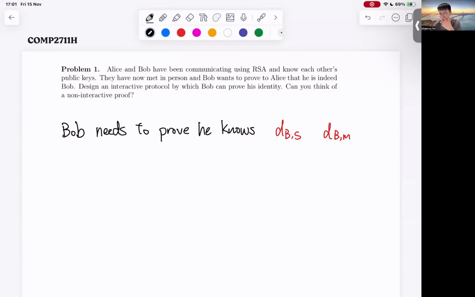If Bob can prove this to Alice in front of her, then Alice knows that Bob is indeed Bob.